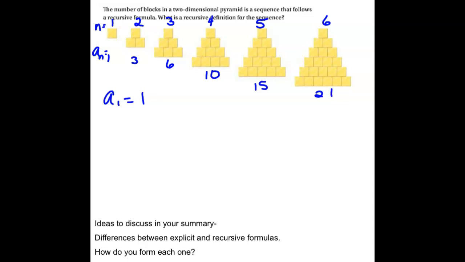So if you compare, I take the previous number, and in this case, I added 2. To go from that term to the next one, I take the previous amount, which was that section, and now I'm adding 3 more. To get to the next one, I take the previous term, this time I'm adding 4.